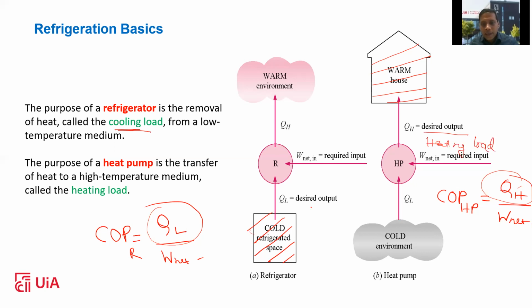This is the cooling load for the refrigerator. So this is the basic difference between the principle of the heat pump and the principle of the refrigerator. It's just how we utilize the heat transfer.